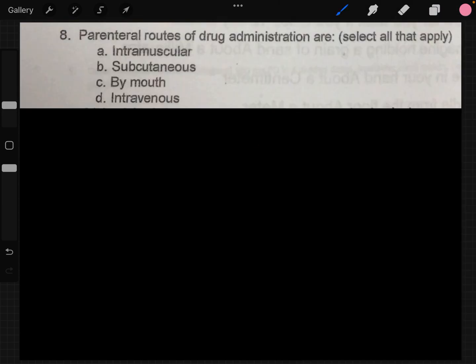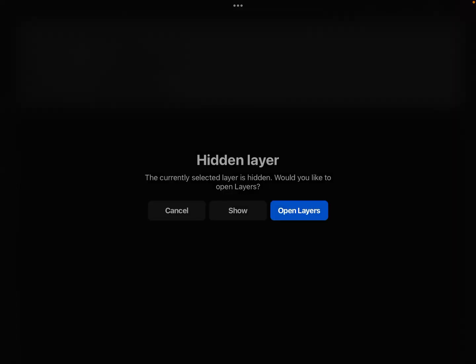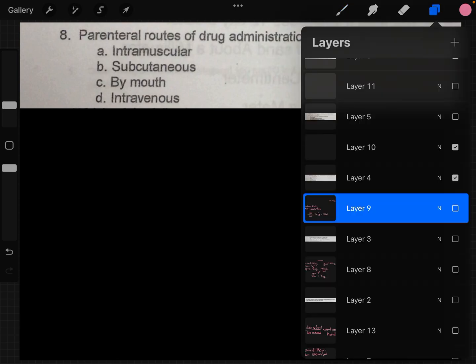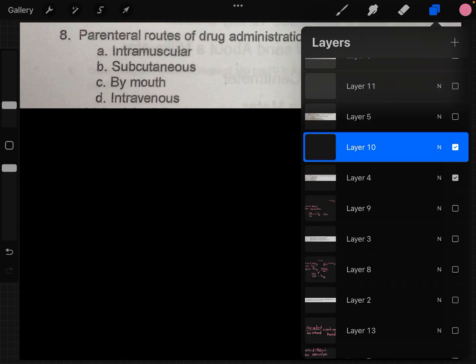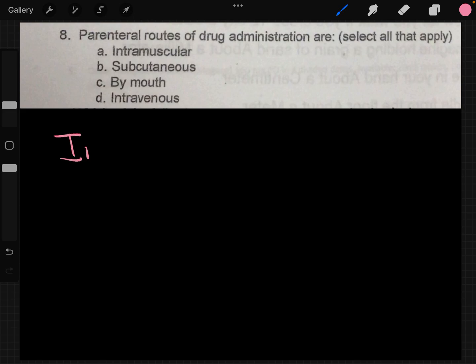Okay. For this one, it's not a math problem, but it's still important. Parenteral routes of drug administration. So for this one, it's going to be IM, which is intramuscular, sub-Q, which is subcutaneous, and IV, which is intravenous.